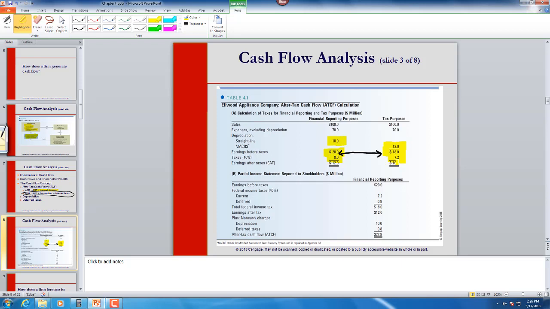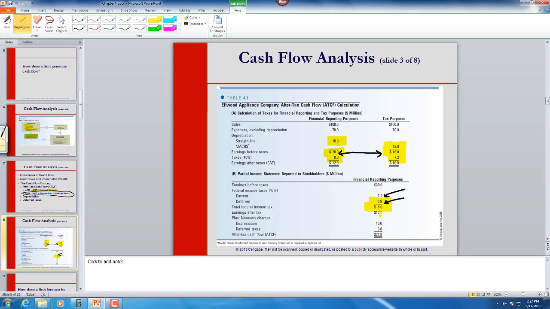Okay, now if you look at it, total federal income tax comes under two forms in a scenario like this. The first is the 7.2 that you actually pay. The other is the deferred taxes. That's what they're talking about. The 8, that is 800,000 they're talking about there, is what is worth mentioning there. That's deferred taxes.